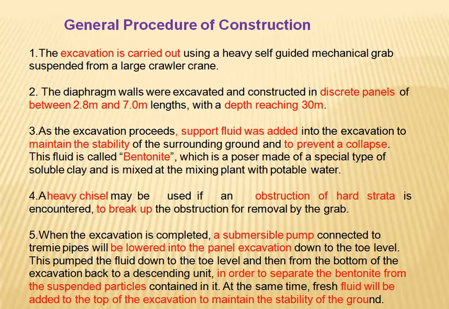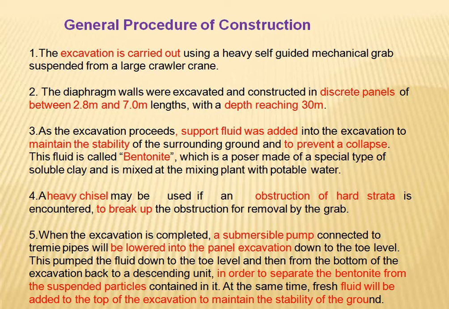After the excavation, the diaphragm wall is constructed in discrete panels of 2.8 meter to 7 meter length and depth of 30 meter. After the excavation we have to fill the excavation with fluid to maintain stability and prevent collapse.